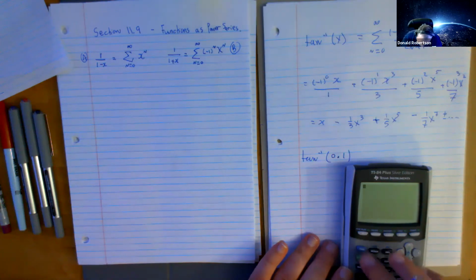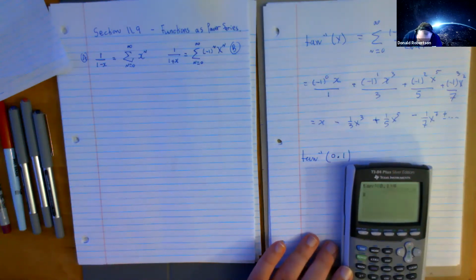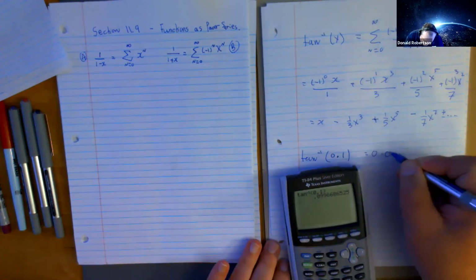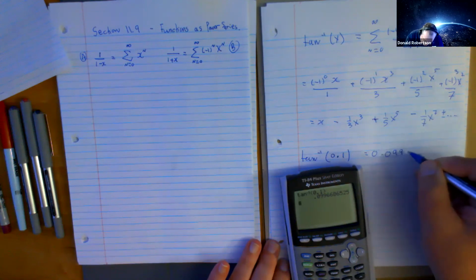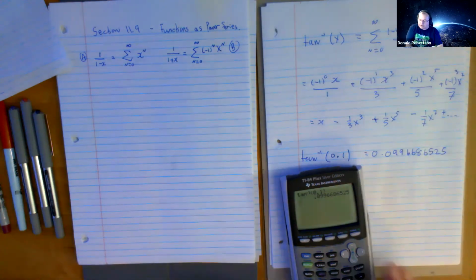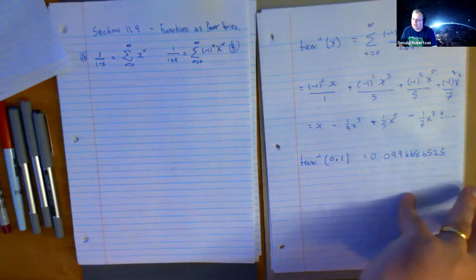And I'm just going to go inverse tan of 0.1. And the answer that I get is 0.09966865525. You agree that's pretty good accuracy, right?